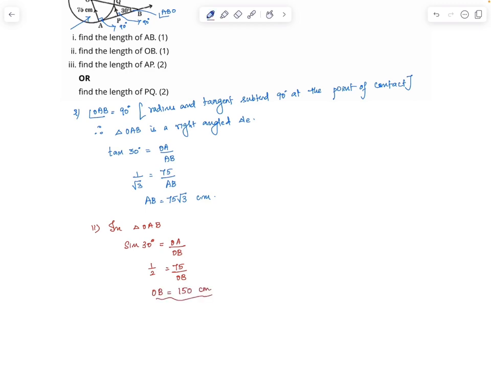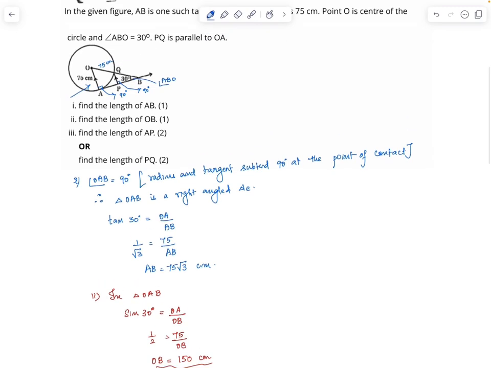Question 3. Find the length of AP. P is a point on AB, but there is no clue if P is the midpoint of AB or not. But we have one detail that PQ is parallel to OA. Now we have OB and OQ. With that we can get if Q is the midpoint.